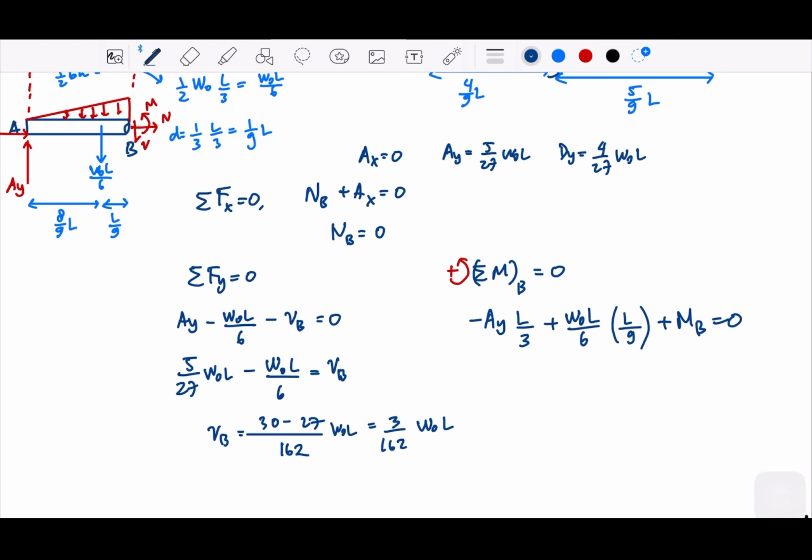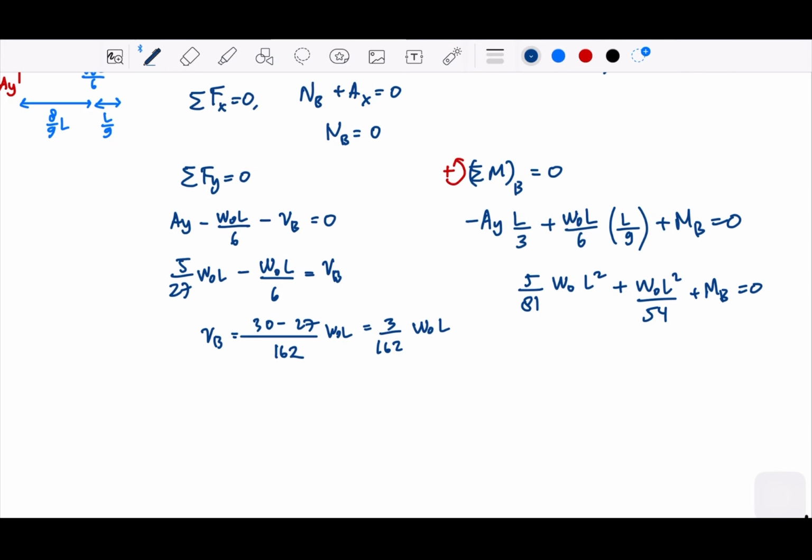So this will be what? 5 over 81 L squared, right? L squared. And then plus... what else?